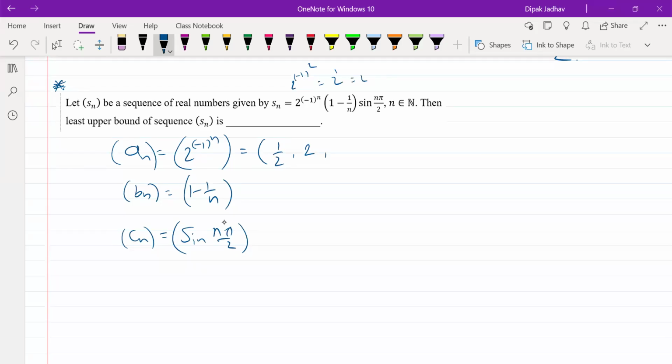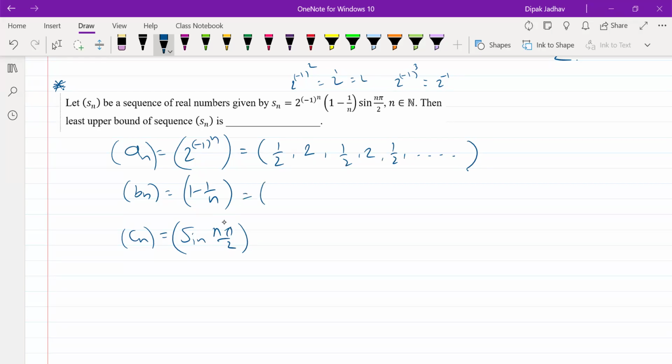Third term, 2 raised to minus 1 raised to 3, that's 2 raised to minus 1, that's again 1 by 2. So it keeps on fluctuating between these two terms: 1 by 2, 2, 1 by 2, 2, 1 by 2, 2.